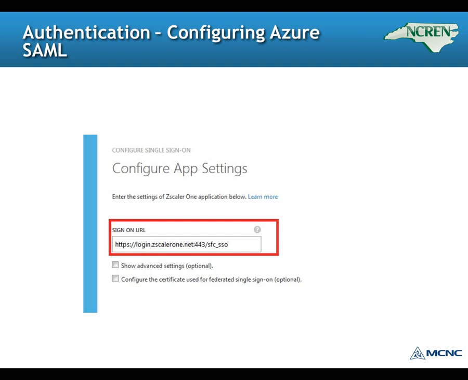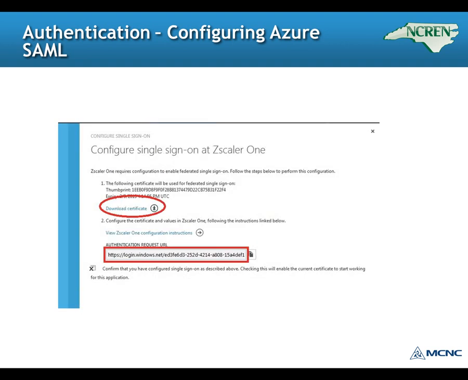On this next screen, this will be the same for every LEA or charter school. https://login.zscaler1.net:443:ssc_sso. Same for every site.